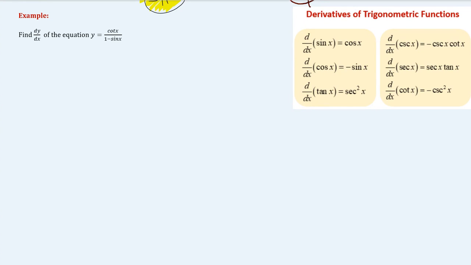Here we have two things that are dividing, cotangent of x divided by 1 minus sine of x. So first of all, remember that the derivative for a quotient rule is f prime of g minus f g prime all over g squared. Okay.